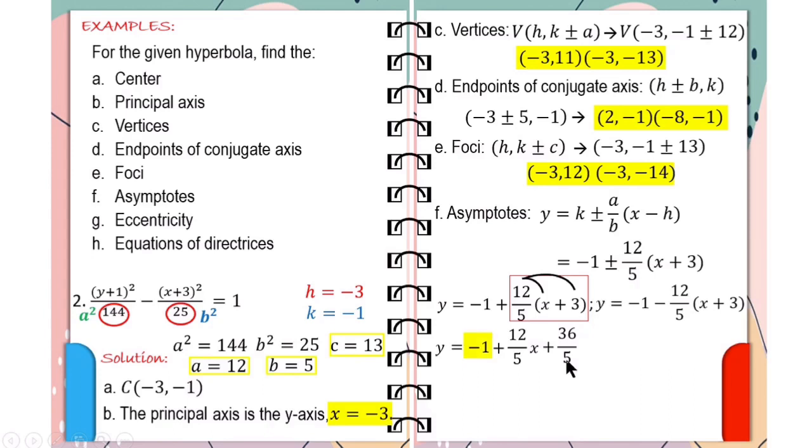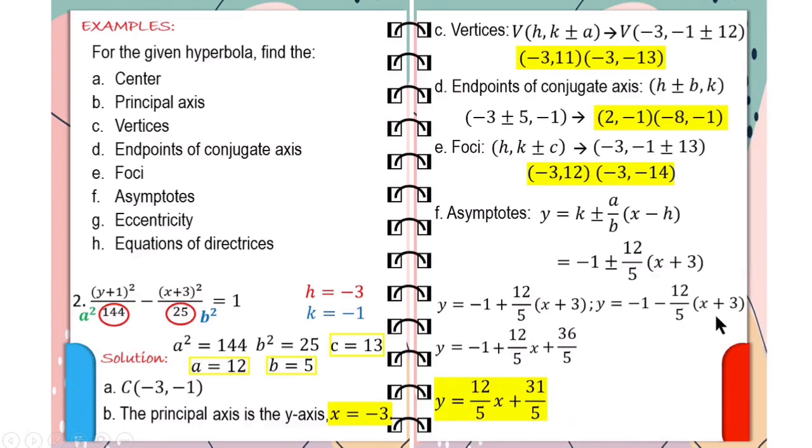Combine the constant terms, −1 and positive 36 over 5. So we have y equals 12 over 5 x plus 31 over 5. −1 plus 36 over 5 is 31 over 5. 5 times −1 is −5 plus 36 is positive 31 over 5.